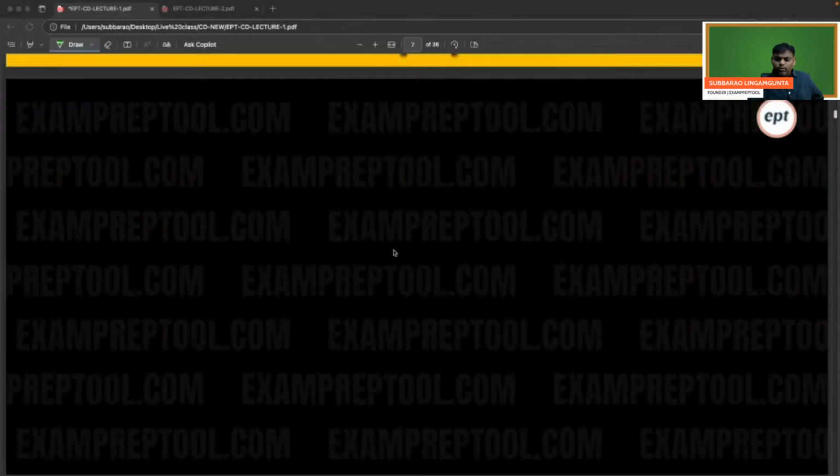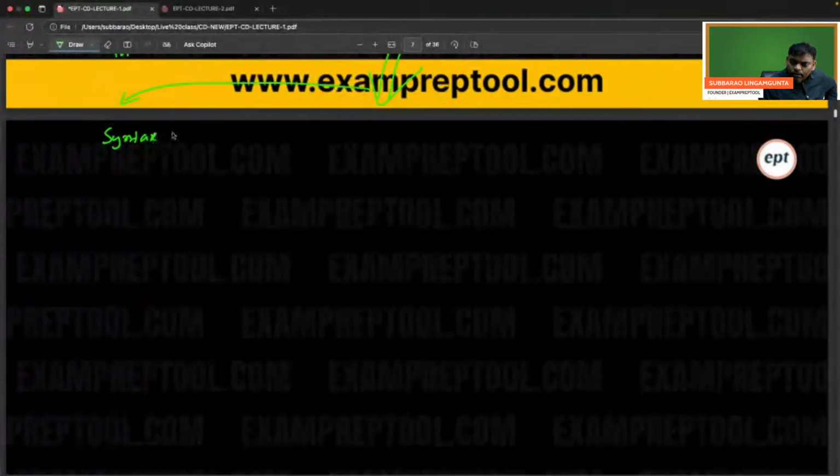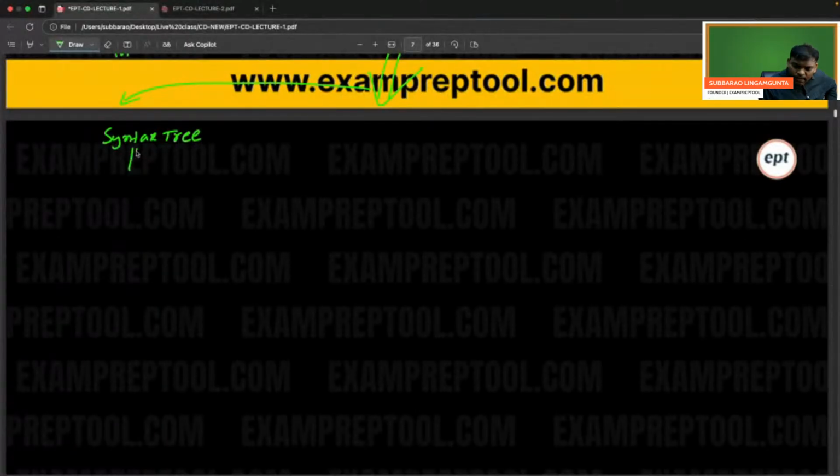Now let's come to the next one. Listen, the next phase of the compiler, see this one, I am writing here. Remember, the syntax tree is the input to the next phase of the compiler, the semantic analyzer.